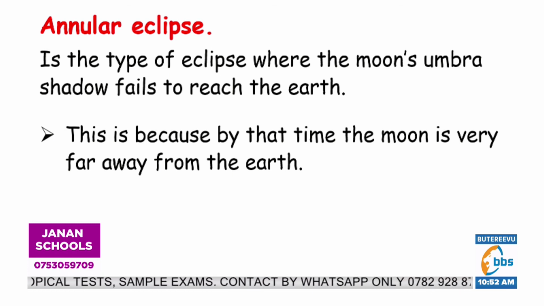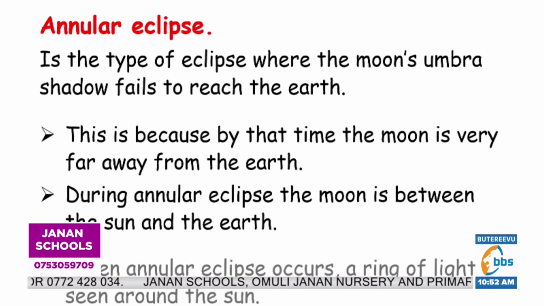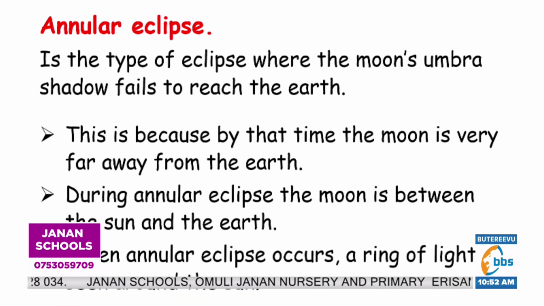That's why it doesn't reach the what? The earth. And during annular eclipse, the moon is between the sun and the earth. So when annular eclipse occurs, a ring of light is seen around the sun.